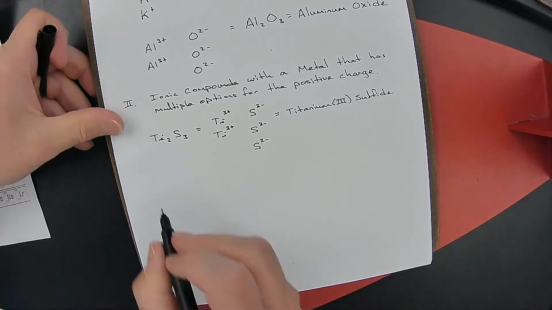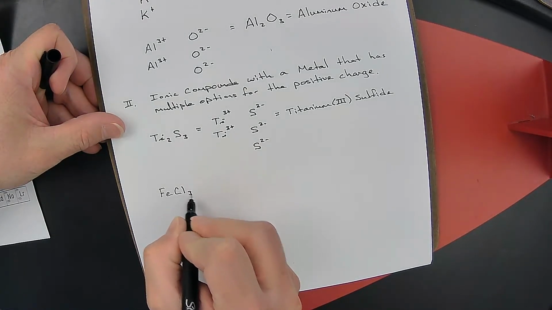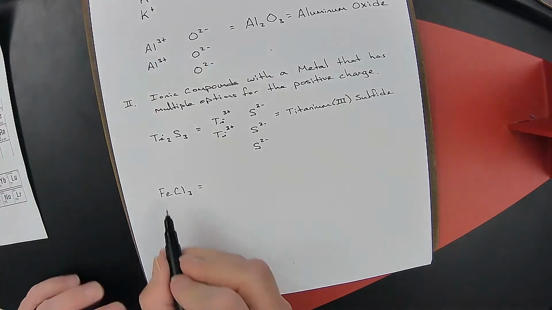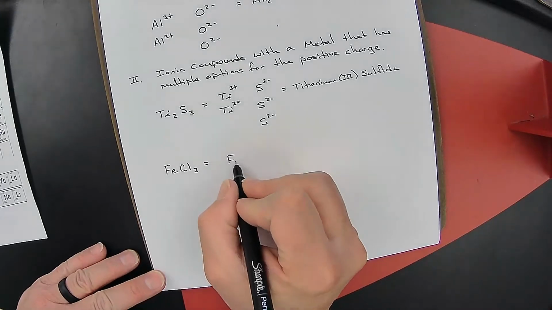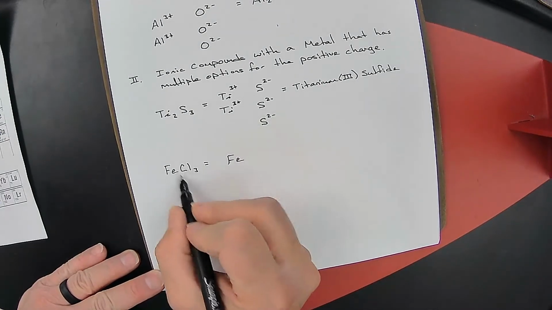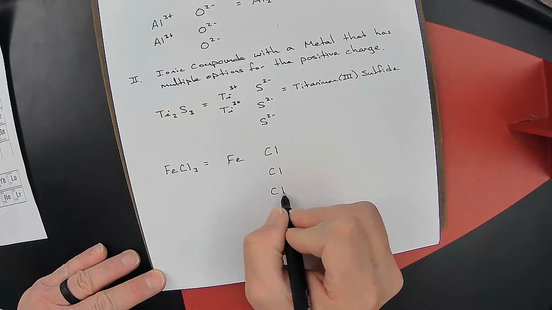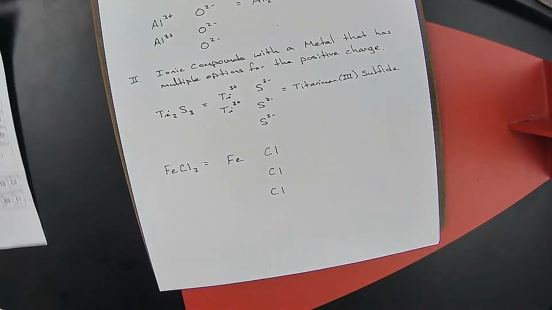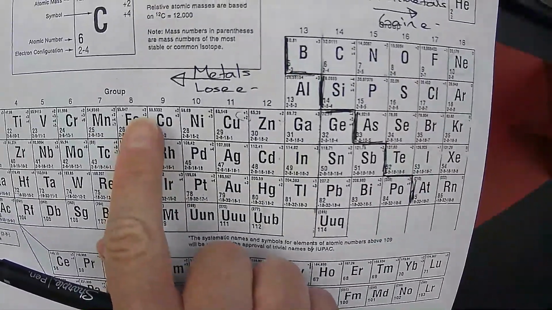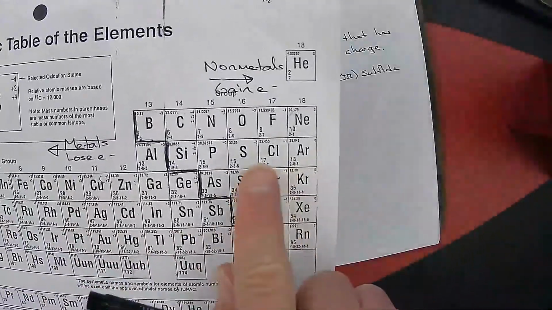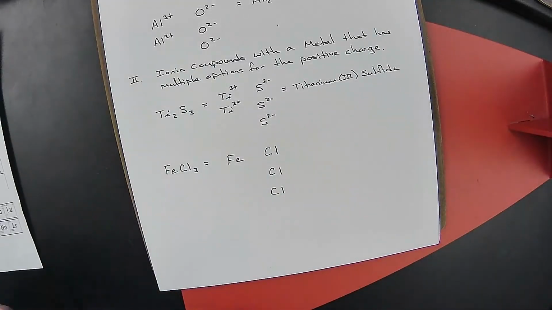In this example, we're going to look at FeCl3. Since the formula is FeCl3, we know that we have one Fe and 3 Cls. When I look up Fe, Fe can either be a 2 plus or a 3 plus, but we know that Cl has to be a 1 minus.